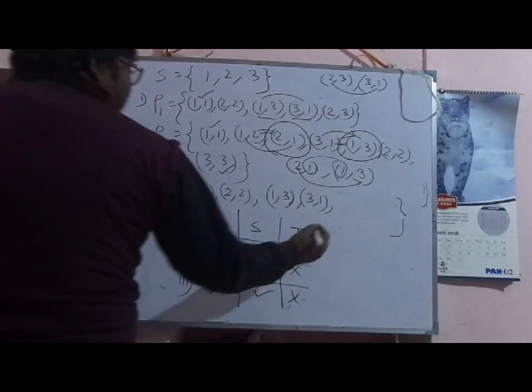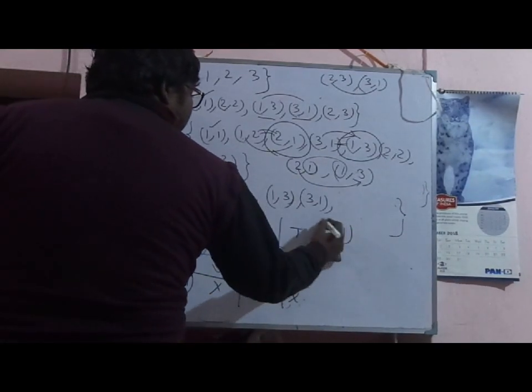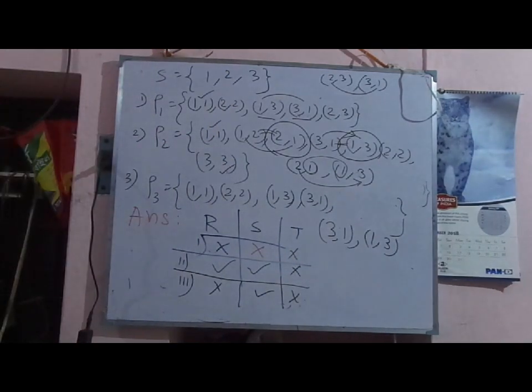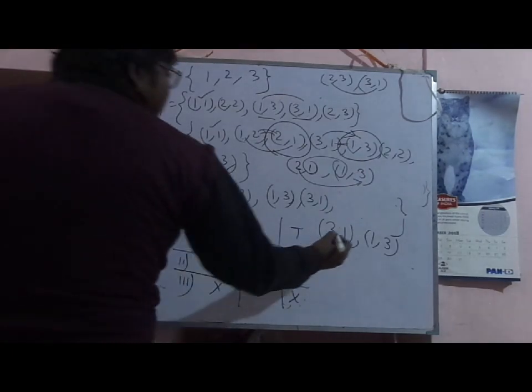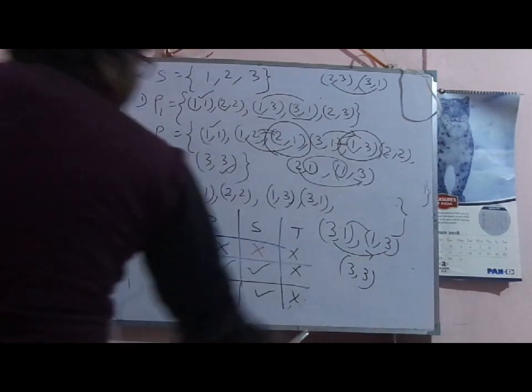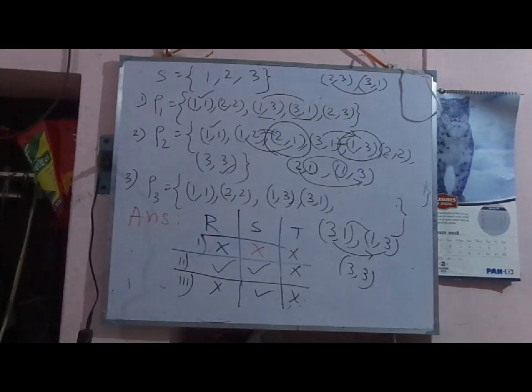Why? Here (3,1) and (1,3) both belong to rho 3, and this cancels out, therefore (3,3). Now (3,3) has to belong to rho 3, but this does not happen, therefore this relation is not transitive.